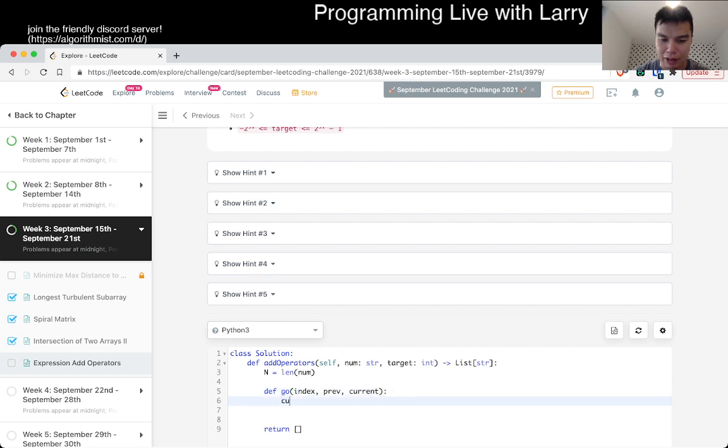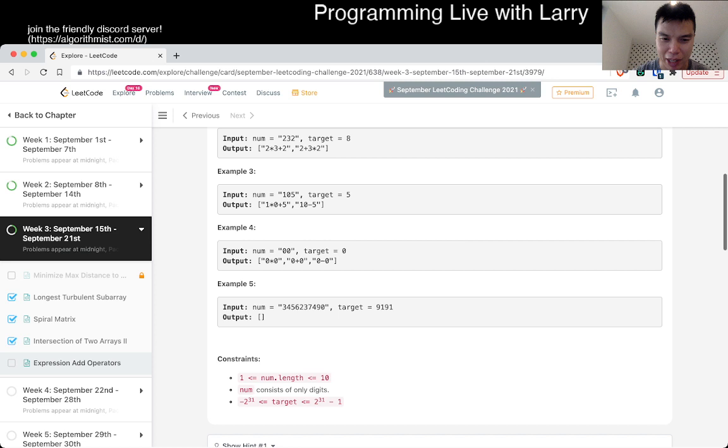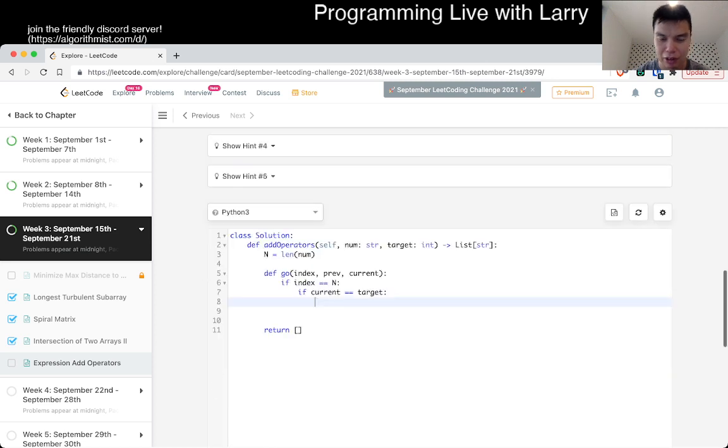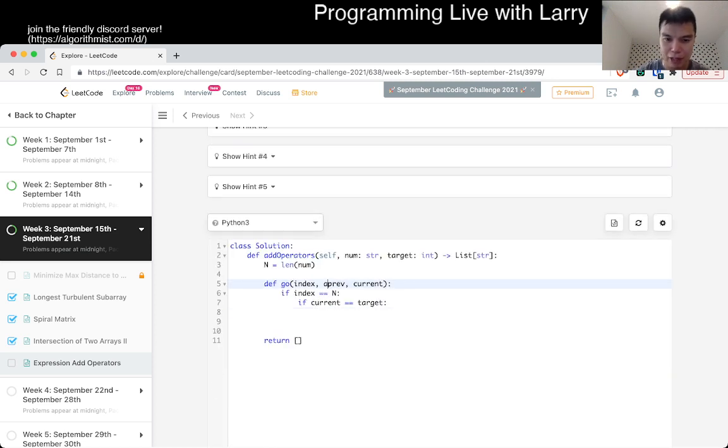And then if index is equal to n and current is equal to target, then I guess we have to return that one. We have to keep track of the array or whatever. So yeah, and an answer array.